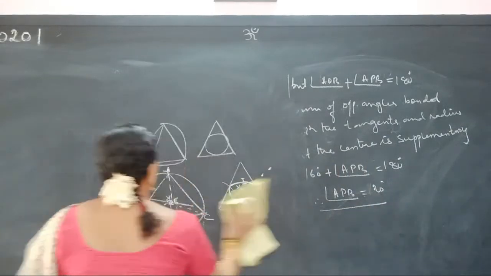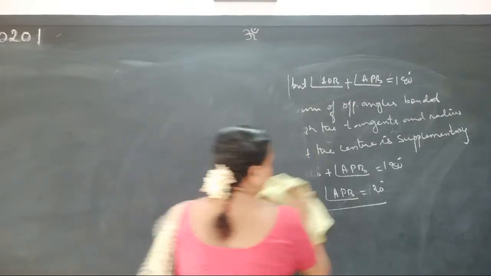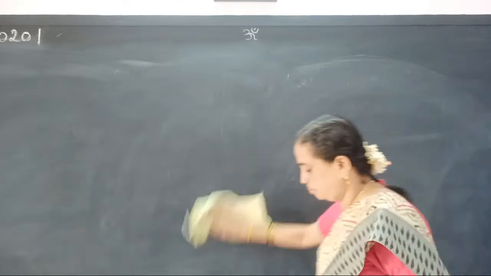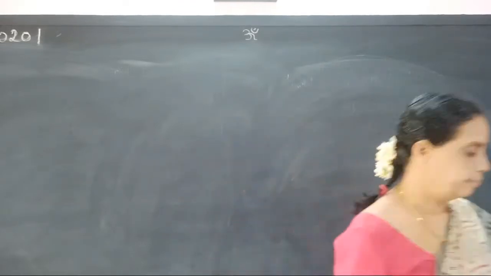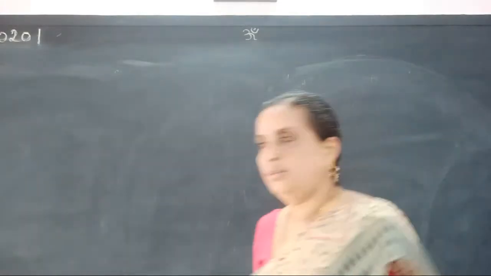Now we will move on to the question. Get the circle inside the triangle.